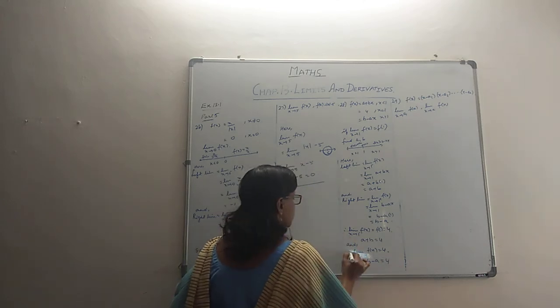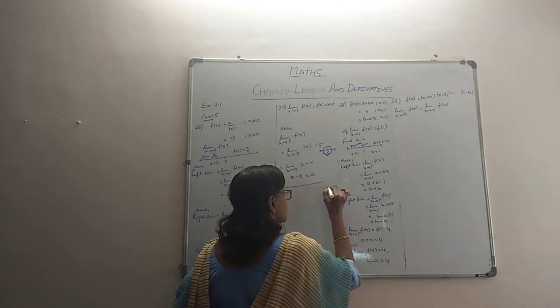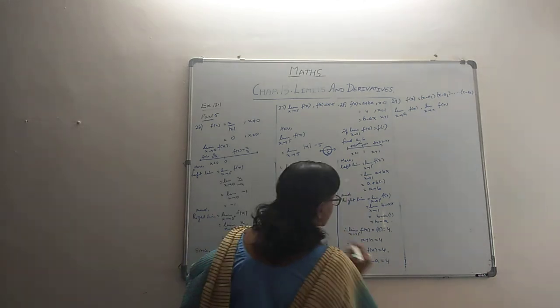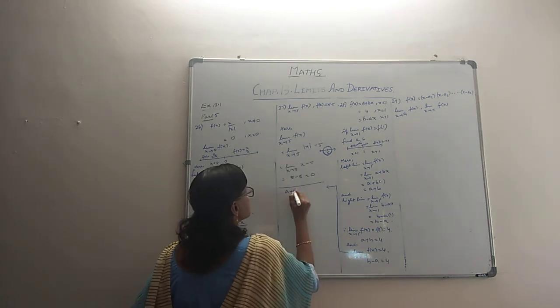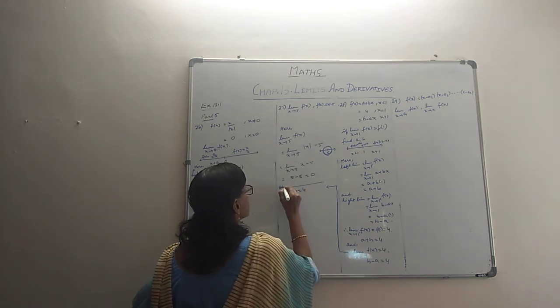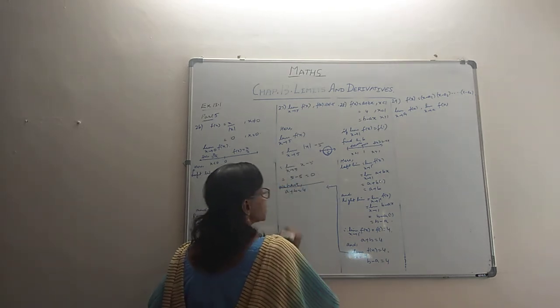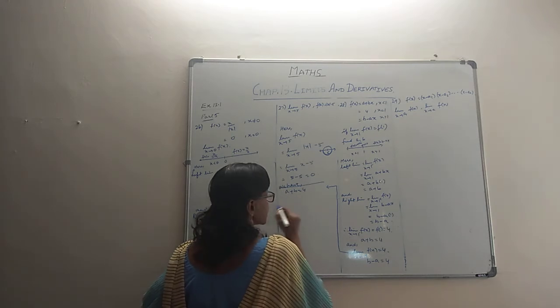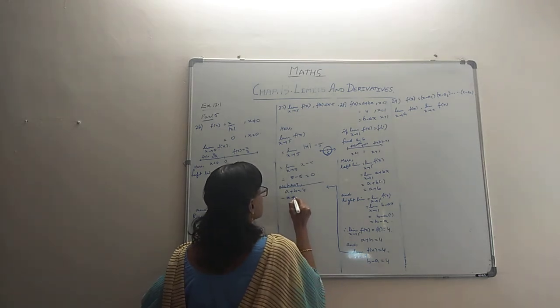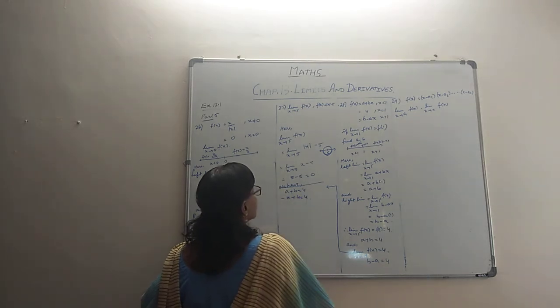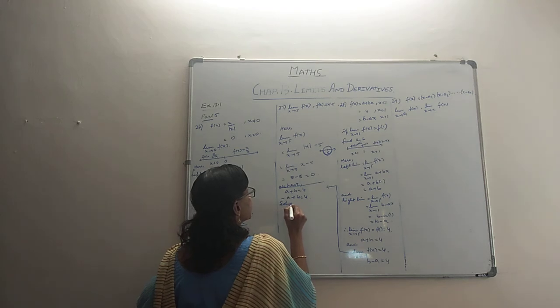So we have a plus b equal to 4, and b minus a equal to 4, or minus a plus b equal to 4, right? So solving, that means adding or subtracting.